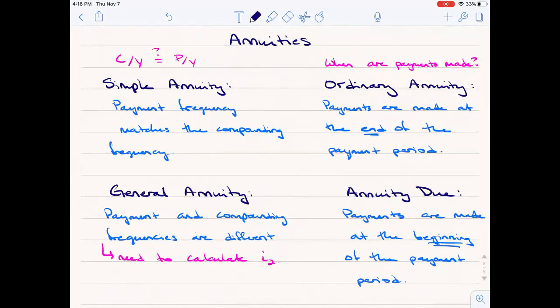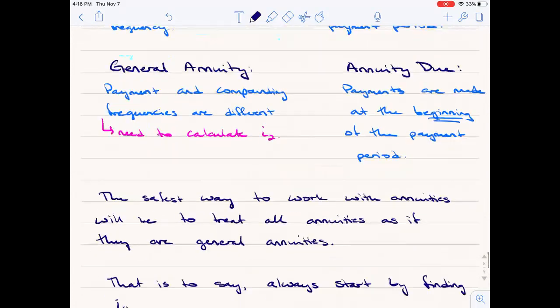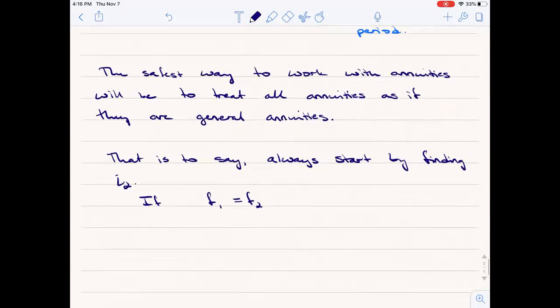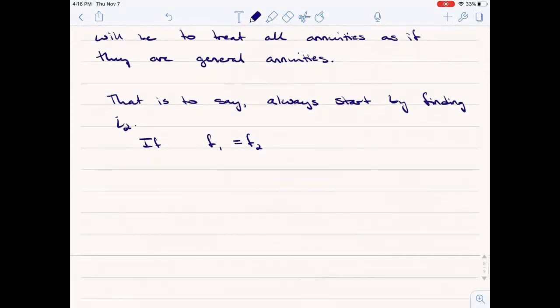The payment frequency is the same as the compounding frequency. So if I'm paying monthly and I'm compounding monthly, then that's F1 equals F2. Then we can say that I2 is 1 plus I1 to the power of F1 over F2.